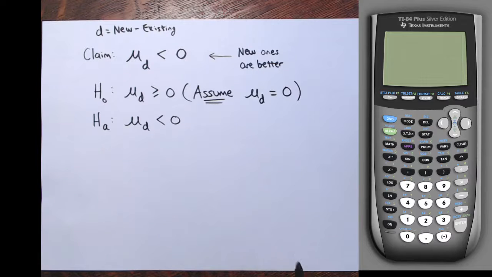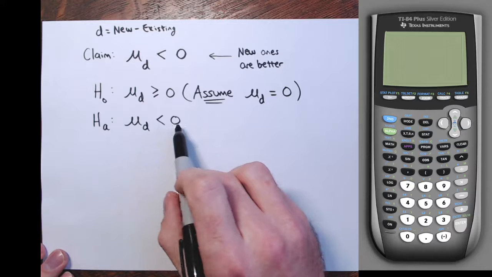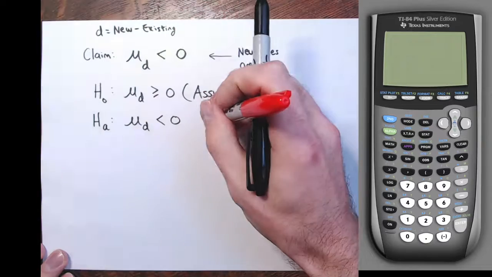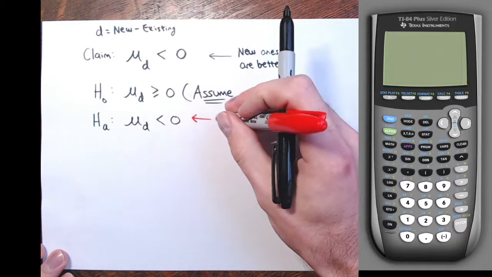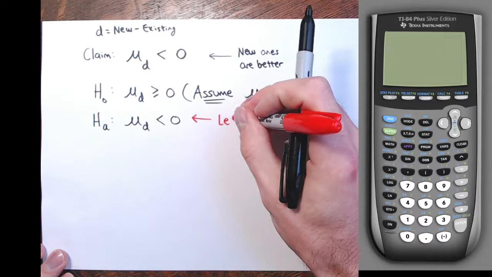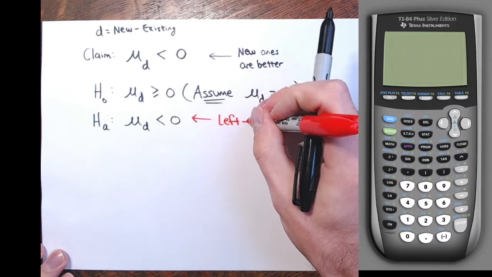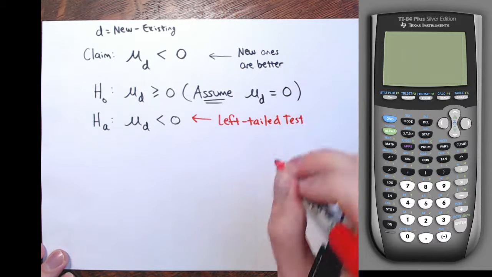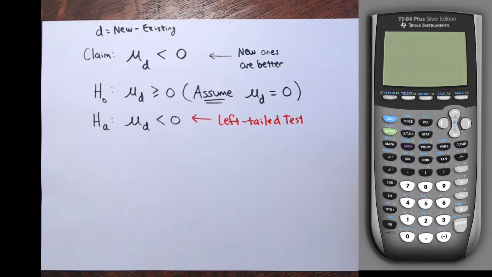They're on average the same quality. And this one is saying that the new ones are better. Now, the way the alternative hypothesis looks tells me that this is a left-tailed test. I'm going to keep that in mind when I go to the calculator later.